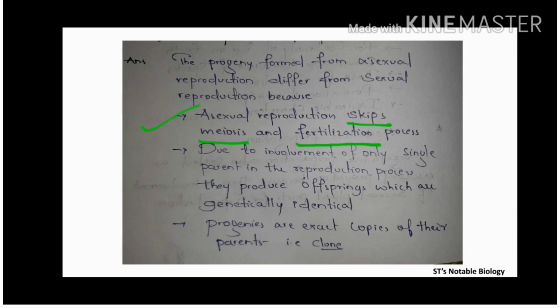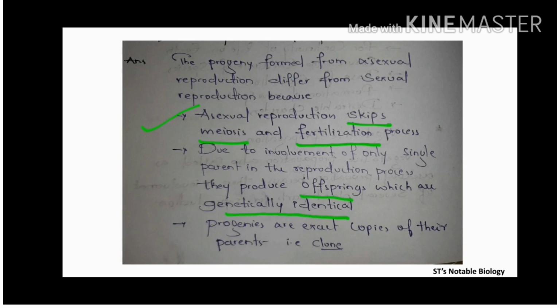Second, due to the involvement of only a single parent in the reproductive process, they produce offspring which are genetically identical.